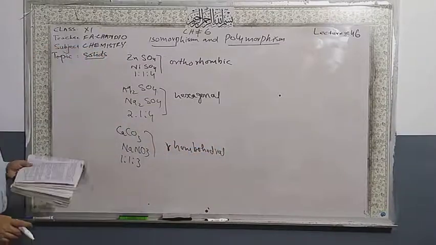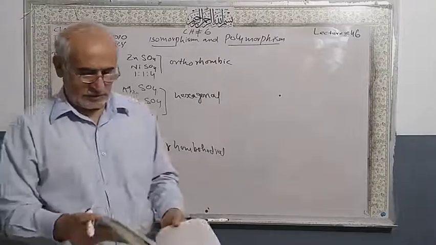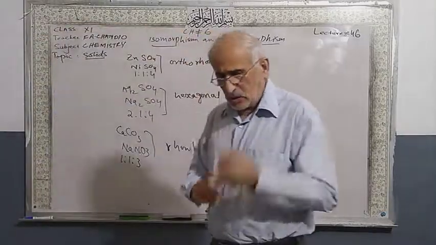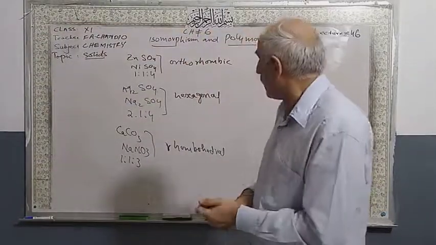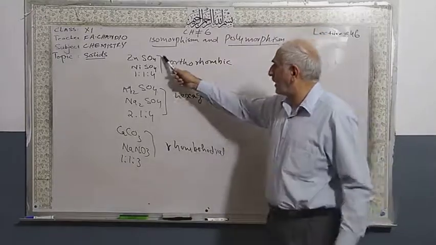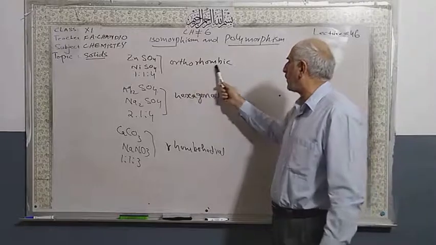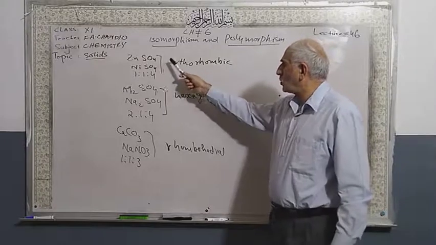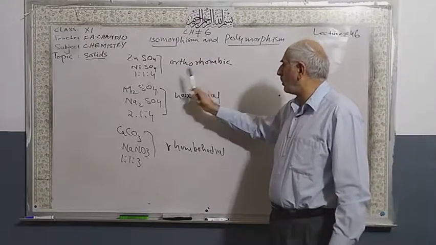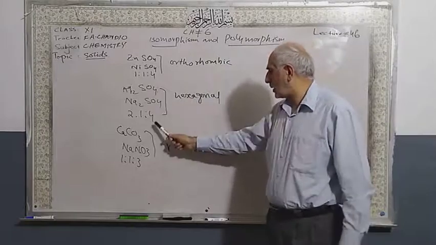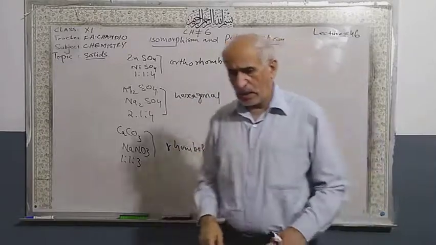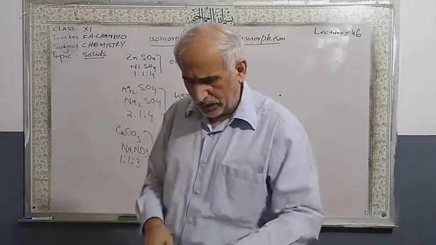These are the isomorphous: two different crystalline substances having the same crystalline form. Two are orthorhombic. These two are hexagonal. These two are called rhombohedral.